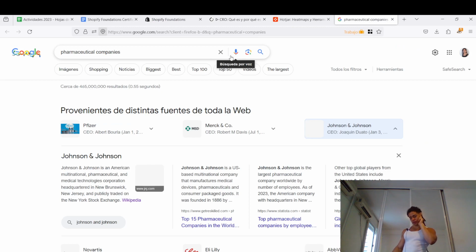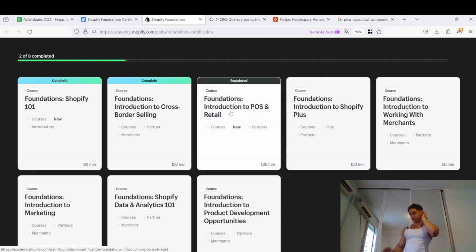So what we're talking about here is Shopify POS. What are the things that we're going to learn in this module, the foundations and introduction to Shopify POS, which helps merchants increase sales, save operation time, and increase customer retention.